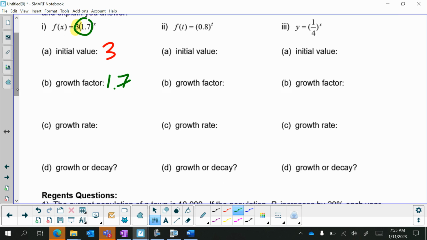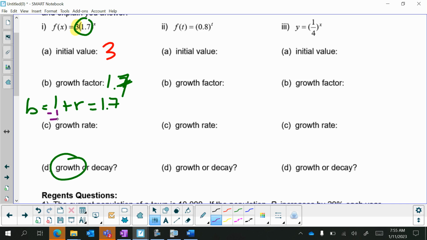I'm hoping you realize that since it's greater than 1, it's growth. So now what is the growth rate? Well, remember the growth factor is equal to 1 plus the rate. Okay, so if 1.7 is the growth factor, then I would have to subtract 1 in order to obtain the growth rate. Or you could just look at the decimal and look to the right of the decimal.